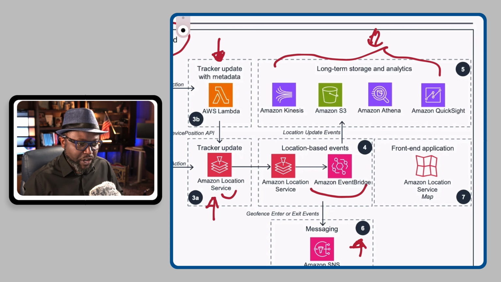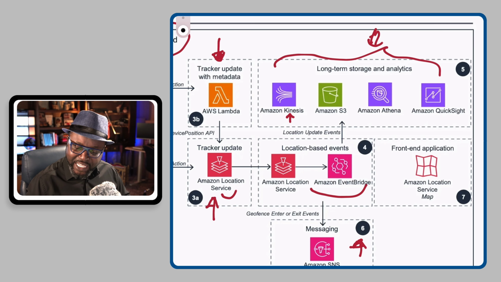So we have a storage component to our infrastructure, and here we're using Kinesis. Kinesis is a real-time data streaming. So it's gonna ingest every piece of information, and that will be also stored.